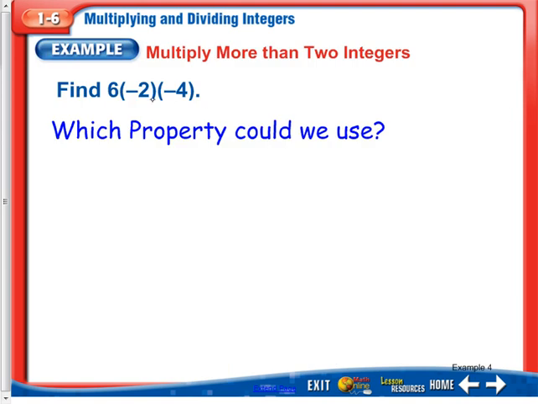Here, right away, I have two negatives, so I know the answer is going to be positive. Which property could we use? Rather than doing 6 times 2 and then maybe doing a positive times a negative, what this is asking is that I could do my two negatives together first to get rid of my negatives.